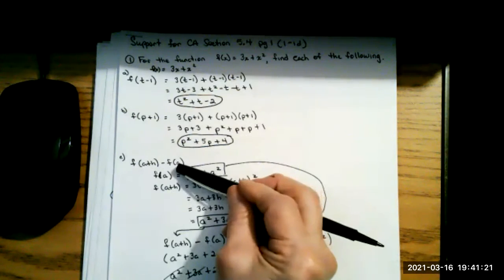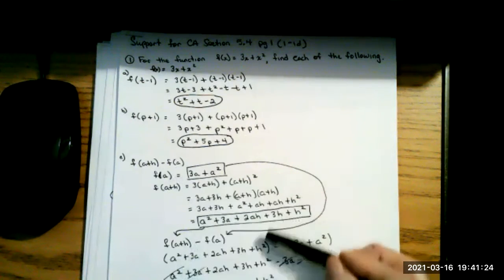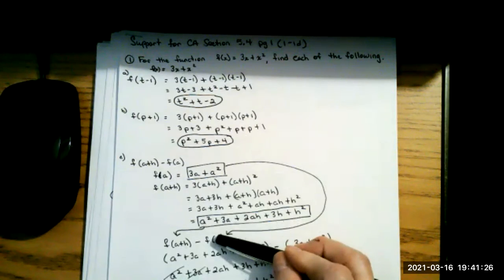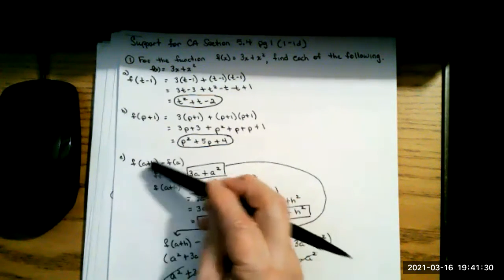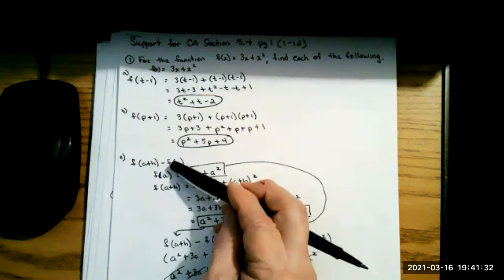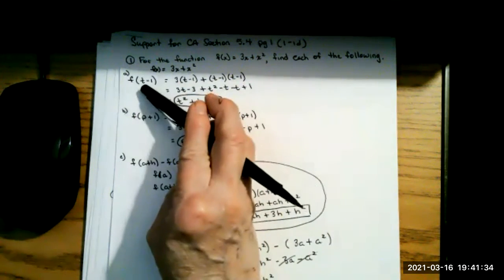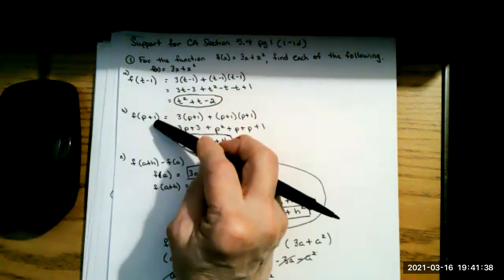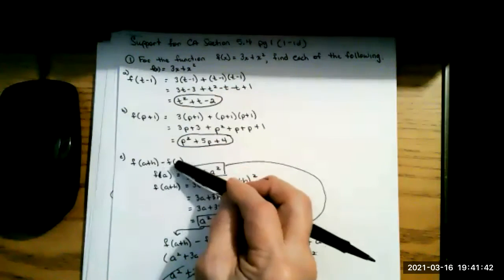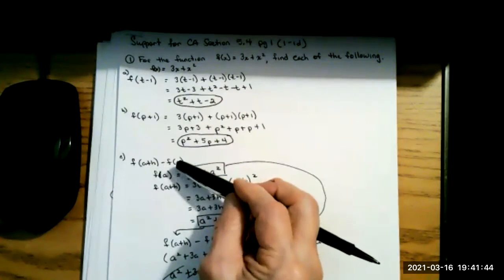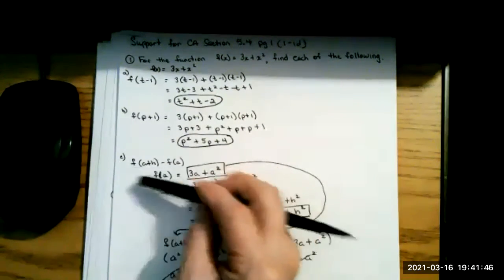And we've also got to put the f of a in there and get an answer. And then I got to subtract the 2. This one's the hardest because it has 2 different things you're doing in the same problem. Whereas these just had a t plus 1 you stuck in there and you were done. This one has a p plus 1 you stuck in and you're done. But this one's got an a plus h and an a that you've got to stick in there. So this is like two problems within a problem.